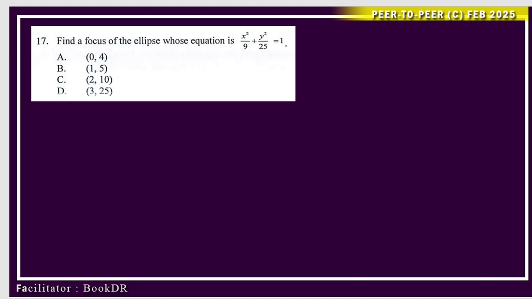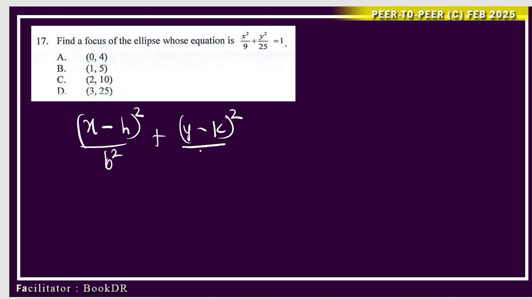Then the focus of the ellipse, whose equation is given. This one too is not within your domain, but once it's here, let's look at it. So we have to write this in the standard form, which is (x minus h) squared over a squared plus (y minus k) all squared over b squared is equal to 1.